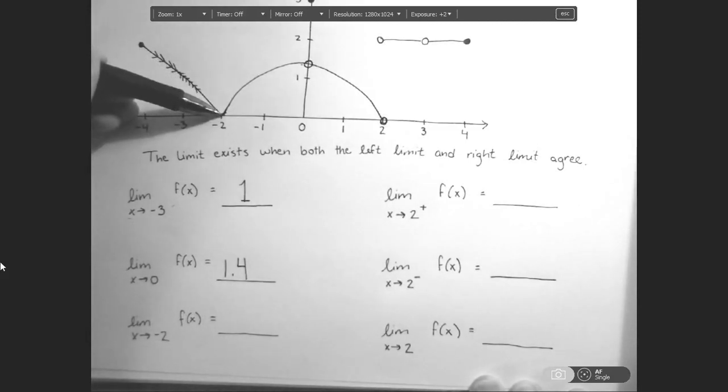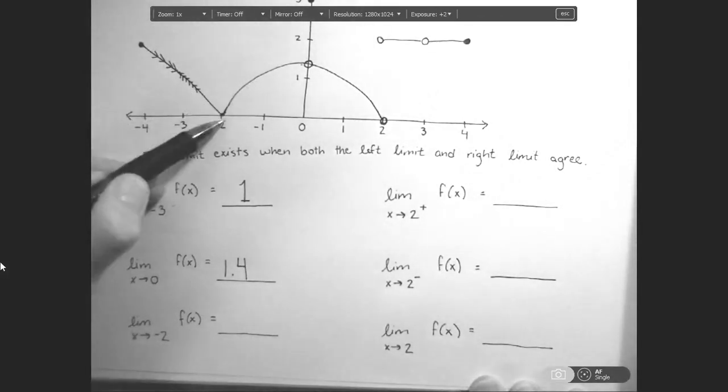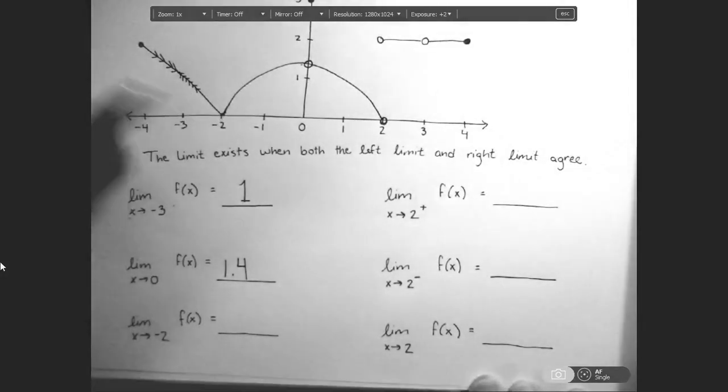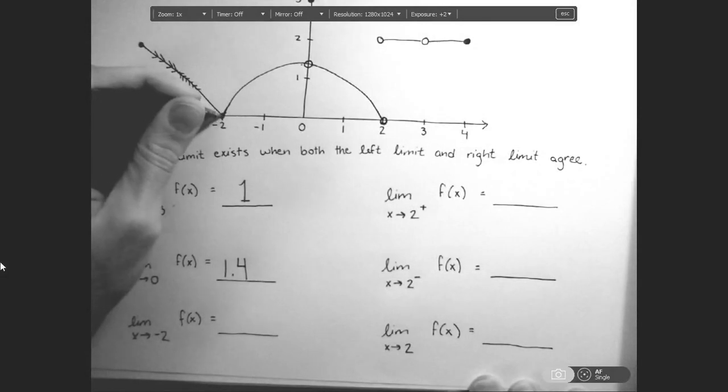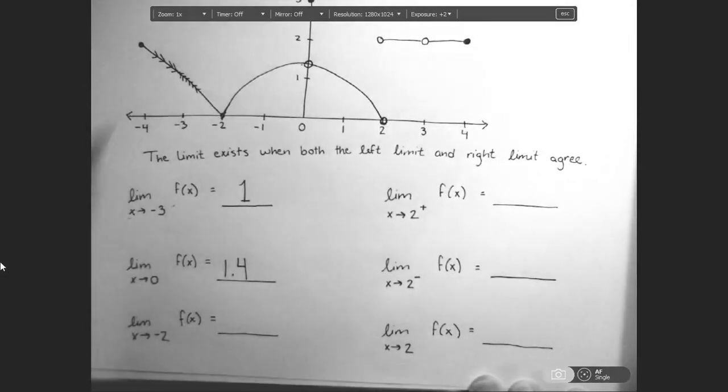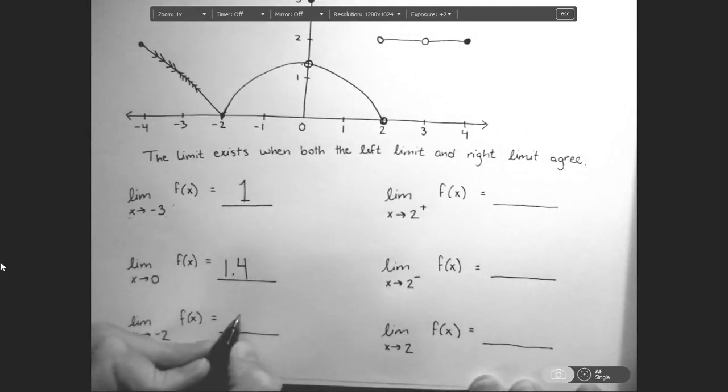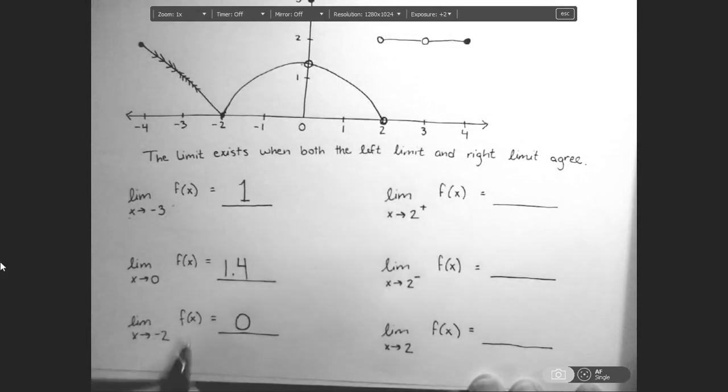But it doesn't matter that this is a straight line and this is a curved line. Both of them are lining up to approach the exact same point, the point where y equals 0. So in this case, both the left-hand limit and the right-hand limit agree, and they're both approaching y equals 0. So that way the limit of my function is 0.